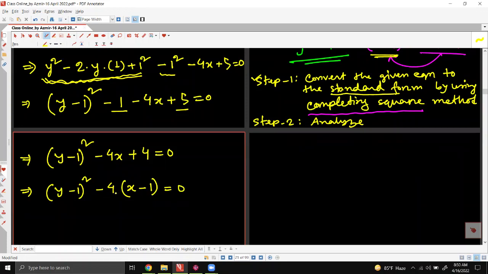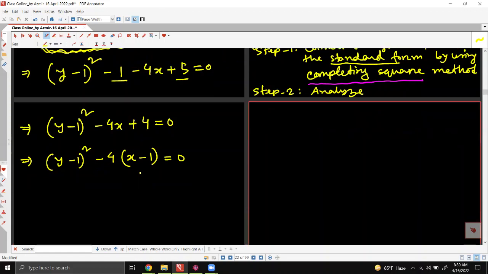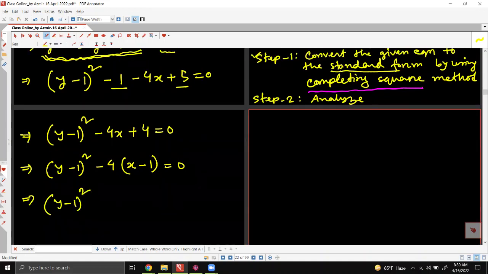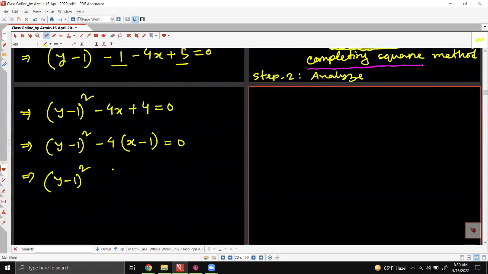Negative 4 is the factor. So we have x minus 1. Now, y minus 1 squared, in step 1, it is mentioned that convert the given equation to the standard form. So we are converting the equation to the standard form for x minus 1.